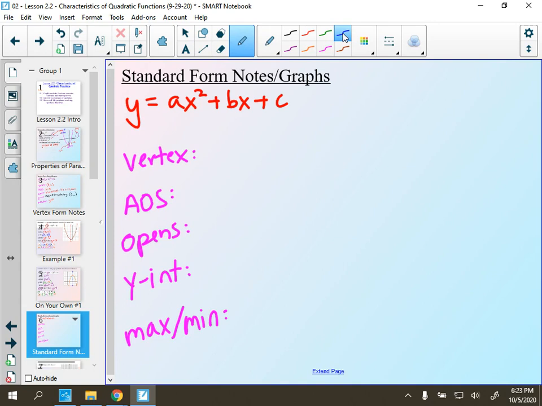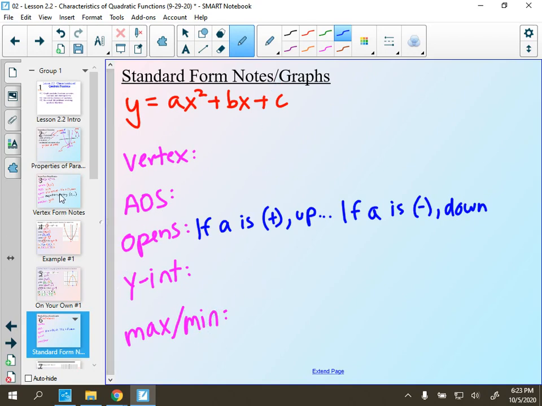That part has not changed. Basically the same rule. If a is positive, it's going to open up. If a is negative, it's going to open down. So with the same exact rule, I could answer that question. And because of that same rule, I would know if there's a maximum or minimum. I would circle that. I don't know the value of it yet, though.